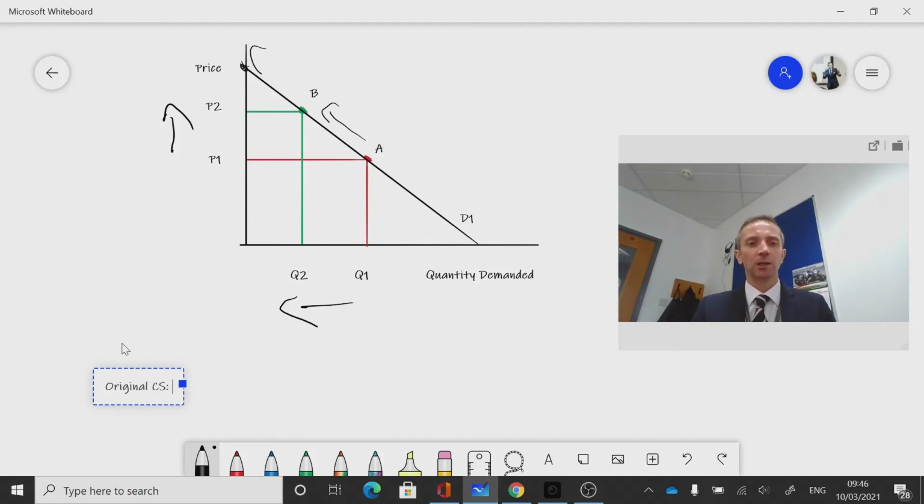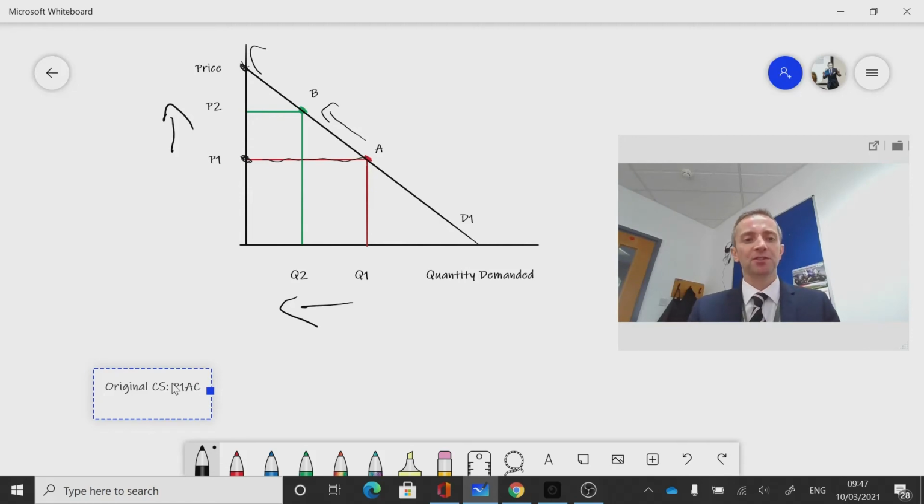What does that equal in this instance? Our original price, as you can see, is P1, and we're looking above price, below demand. So our original consumer surplus will be P1, A, C. So it's that large triangle. We'll just add that in, P1, A, C.